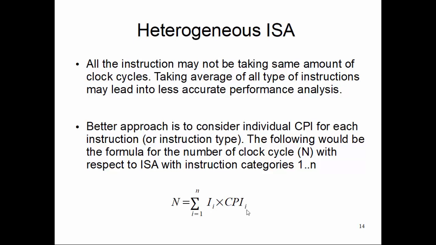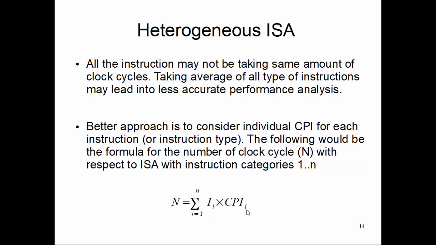Okay, so the most accurate would be we count individual instructions. Okay, the number of each individual instruction executed for the program multiplied with the CPI, clock per instruction, value of that instruction, and we sum it up for all the instructions relevant to that program.